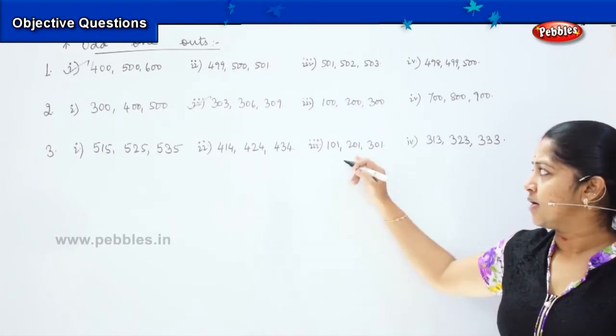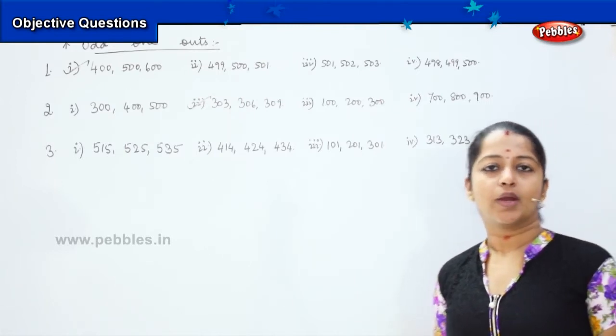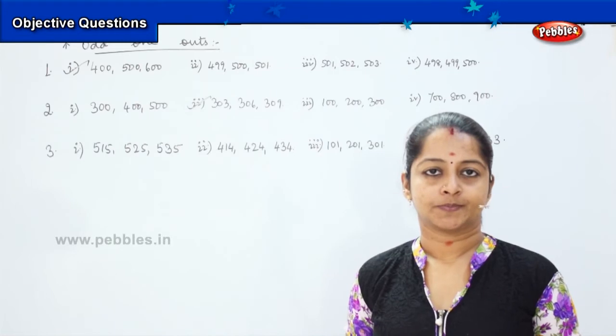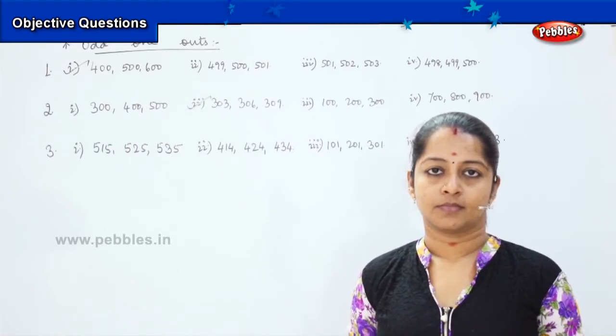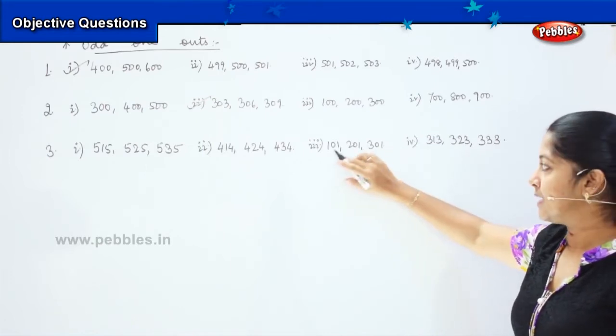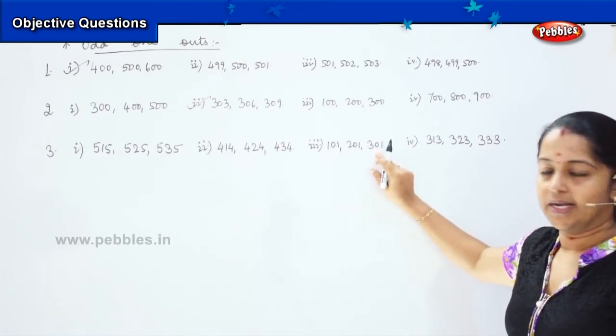Did I hear you telling option C? Tell me, why do you find option C, the third option, is the wrong option? Great. What is this pattern following? Again, it is doing a skip counting of 100, right?